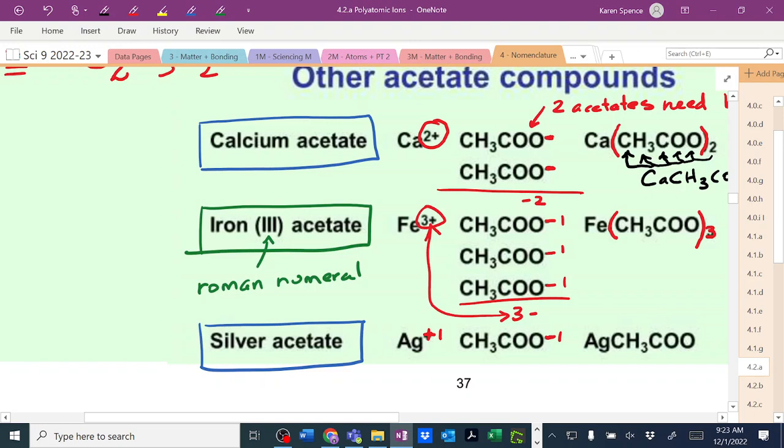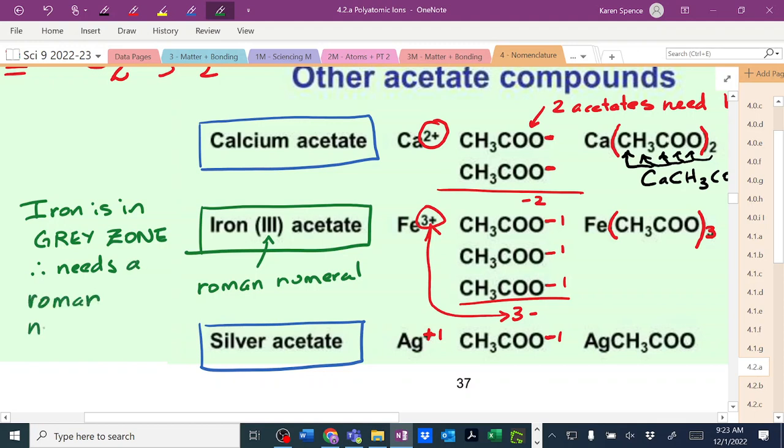Iron is in the gray zone. Therefore, it needs a Roman numeral. Silver and calcium are not in the gray zone, so there's no Roman numeral.